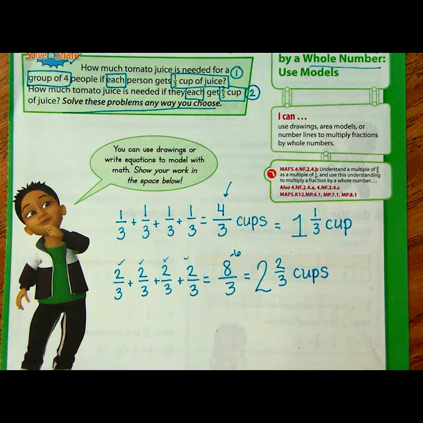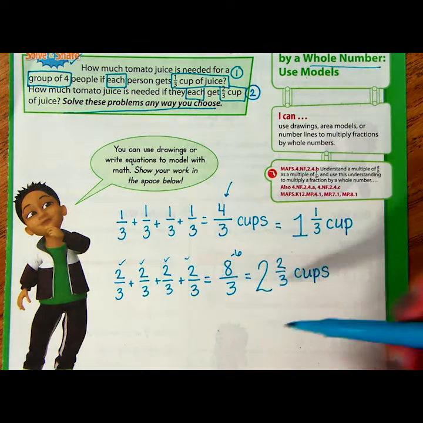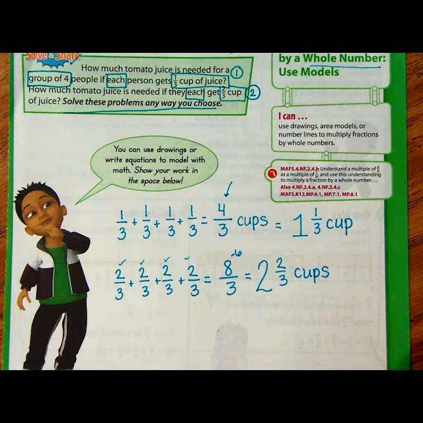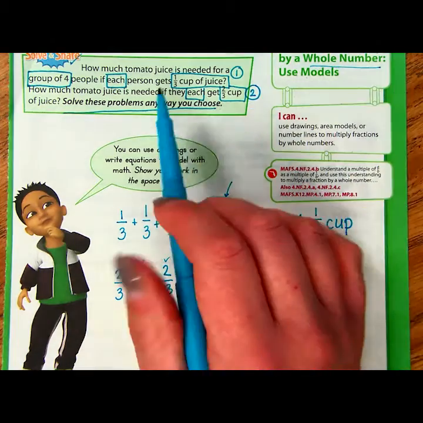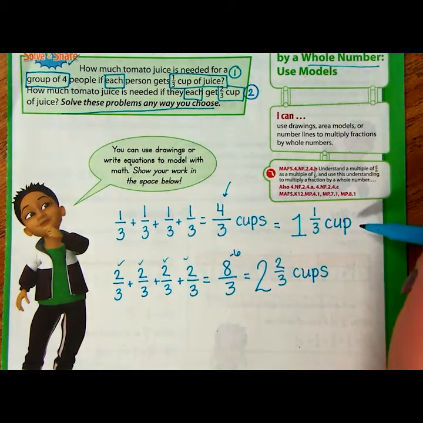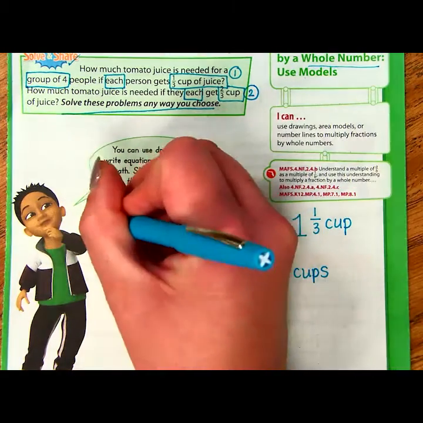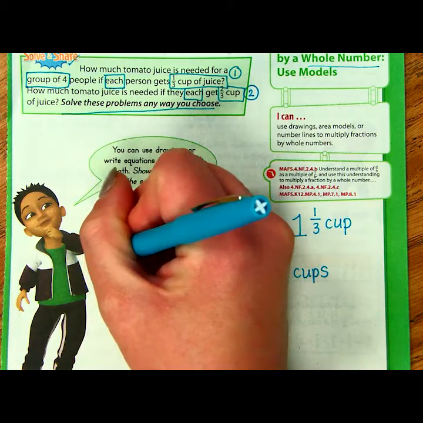Now, here's the thing. Right now, I don't see any multiplication equations. All we've used is repeated addition. But again, it said solve any way you choose. So I guess this answer is technically correct, but what would that look like as a multiplication problem? So again, this was number 1, and this was question number 2.